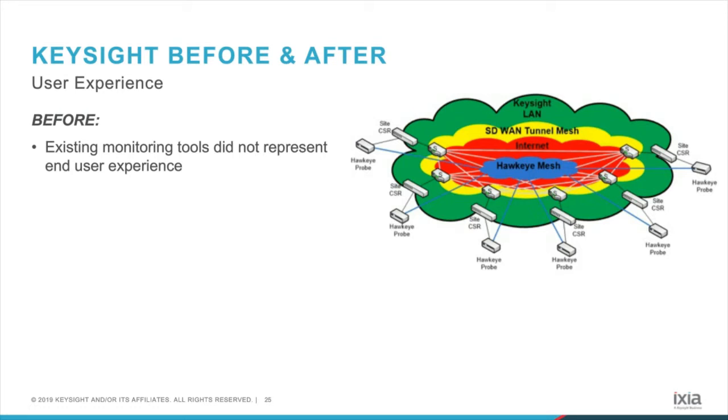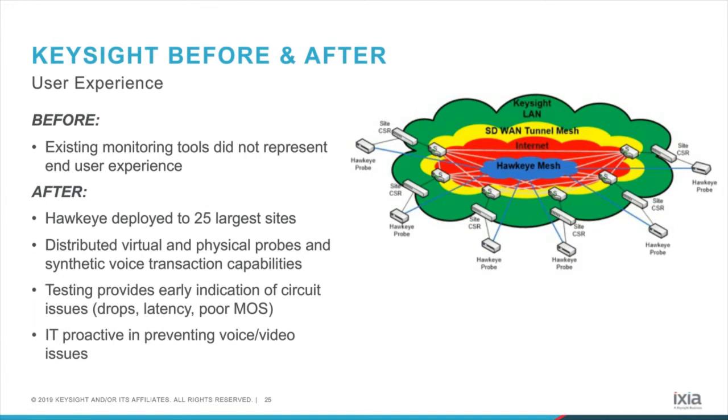In our first use case for Hawkeye, we're implementing its capability to generate synthetic voice calls to act as an early indicator of circuit problems that could be impacting the real-time voice service we provide to our end users. We've deployed both virtual and physical Hawkeye probes at Keysight's 25 largest, most critical locations, and have configured Hawkeye to run a full mesh synthetic voice test every 5 minutes.